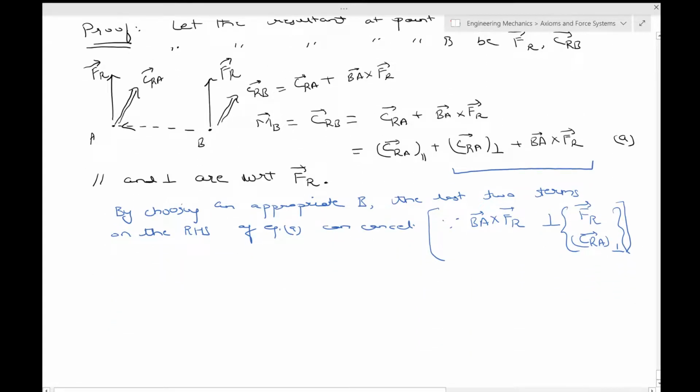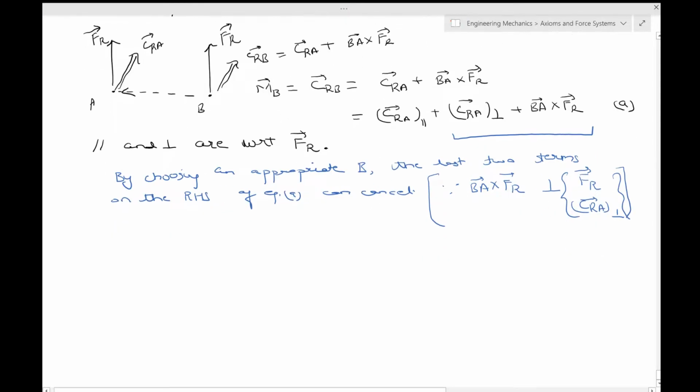Let's see that now on a diagram again. So you have A, CRA, this is CRA normal, and this is CRA parallel, so it is automatically in the same direction as FR.